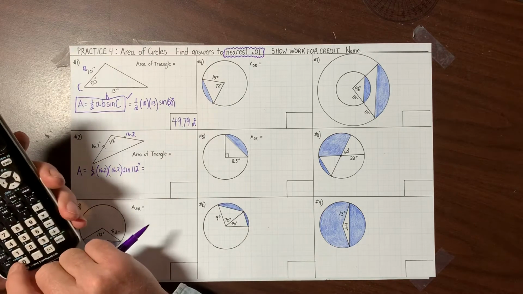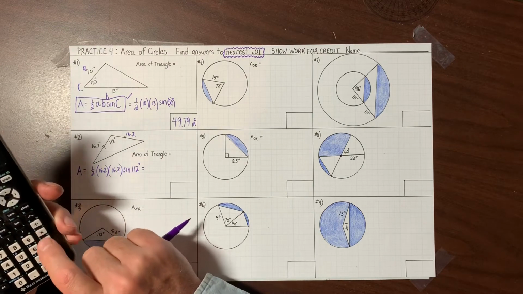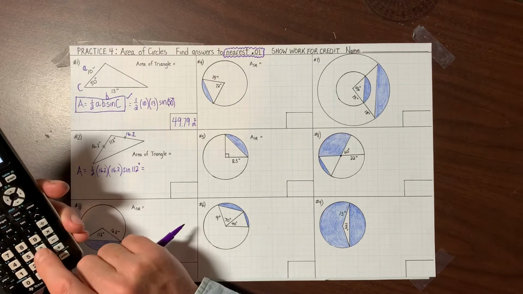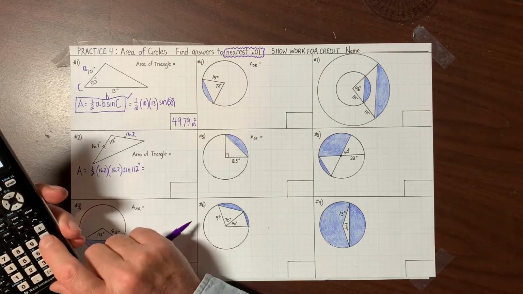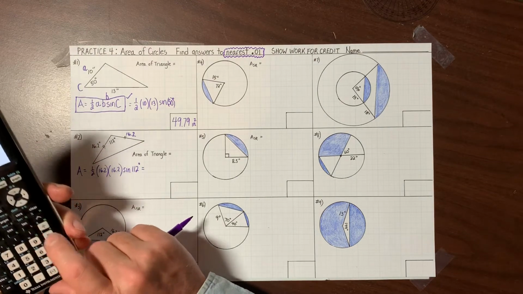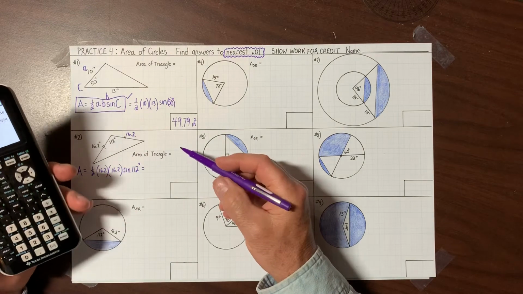So I'm going to go to my calculator, and I'm going to do 0.5 times 16.2 times 16.2 times sine 112 degrees, close parenthesis, enter. And I'm coming up with 121.67.